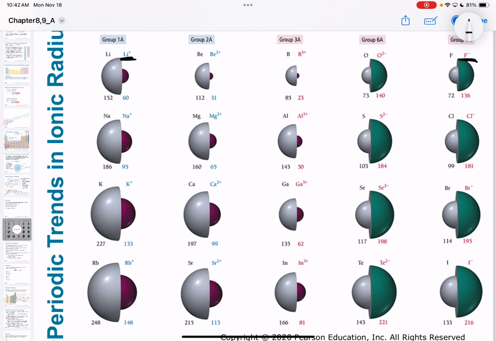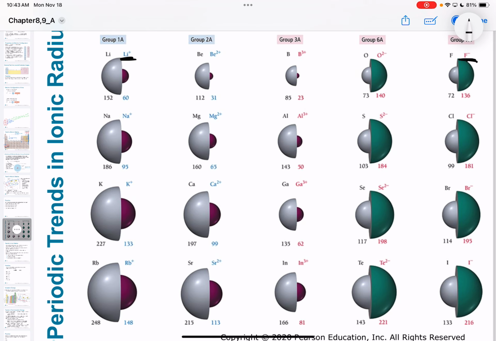So if you're comparing an atom to its ion when you're talking about a positive ion, it will always get smaller. This is only if you're comparing the neutral one to the positive one, not, say, a negative fluorine to a positive lithium. It's not what we're talking about. We're talking about lithium versus lithium plus.